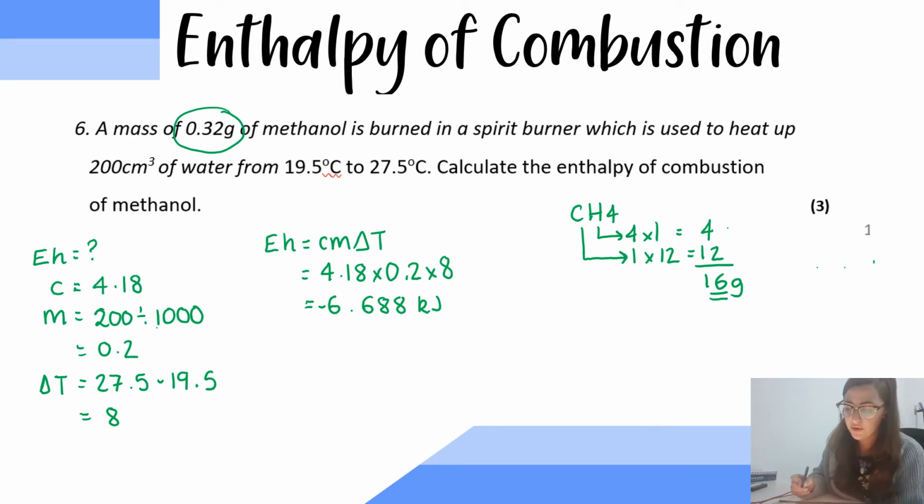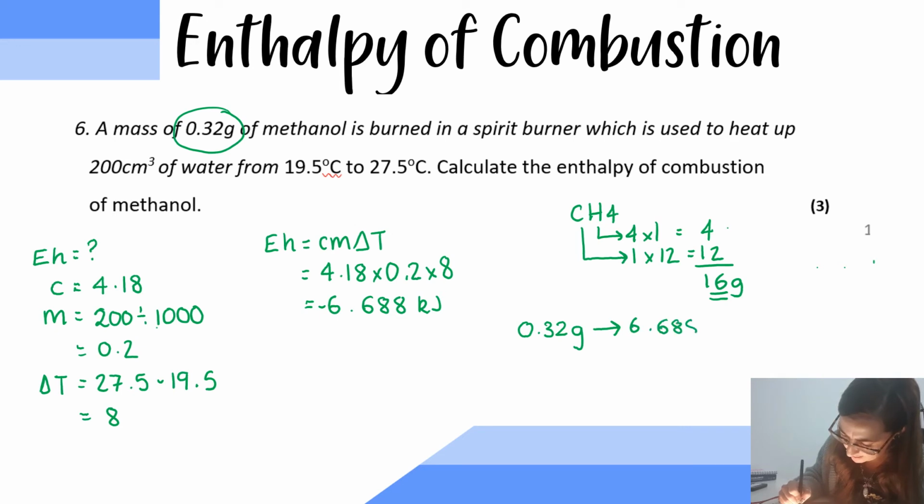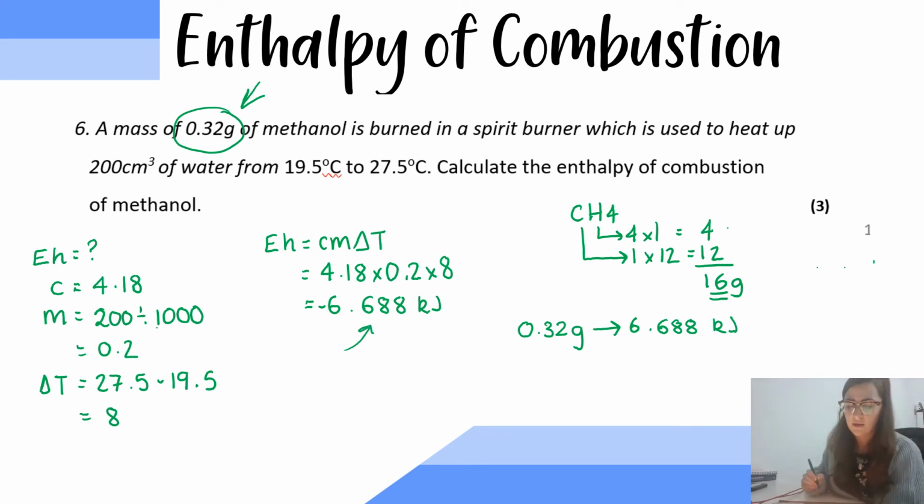And then what I'm going to do is set up a cross multiplication. So I started off my experiment with 0.32 grams, and when I burned that it released 6.688 kilojoules. So the question tells me I burned 0.32 grams, and I calculated that that's how much energy I released.